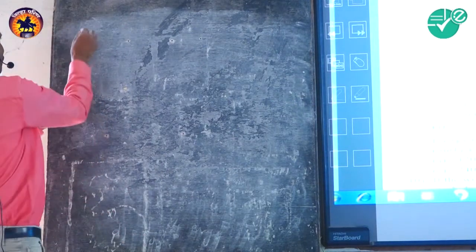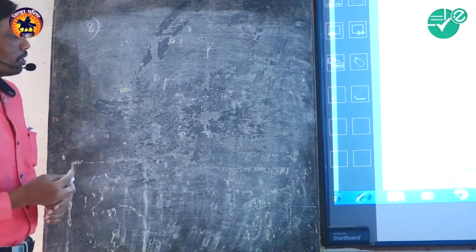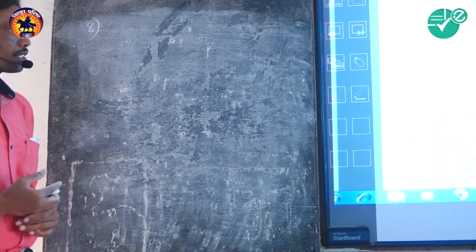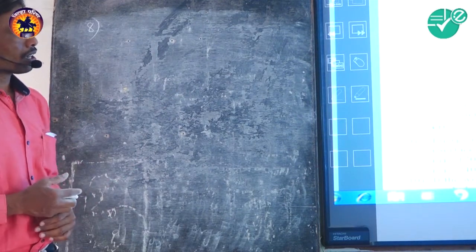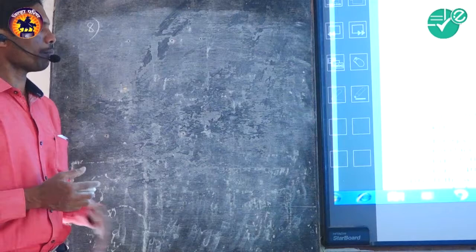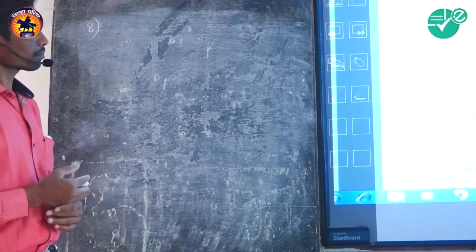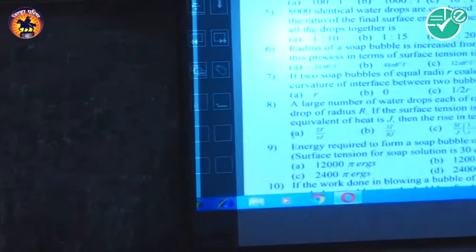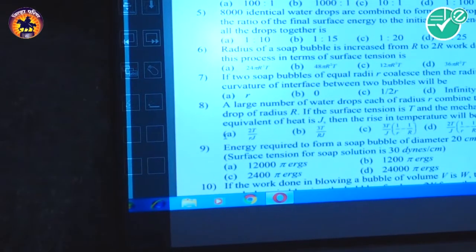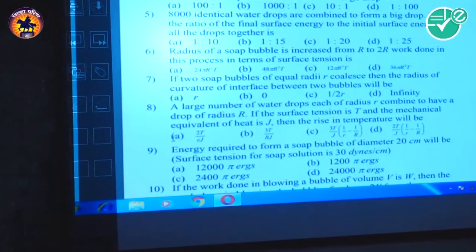Then the 8th MCQ. A large number of water drops, each of radius small r, combine to form a drop of radius capital R. If surface tension is T and the mechanical equivalent of heat is J, then the rise in temperature will be.